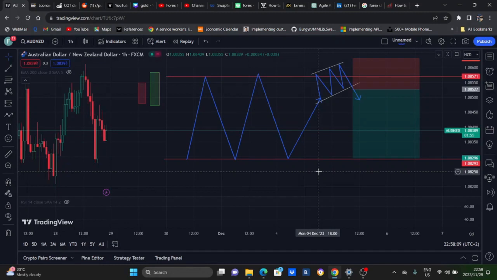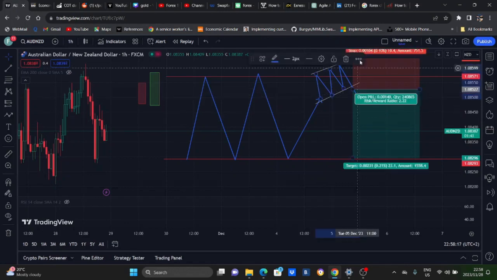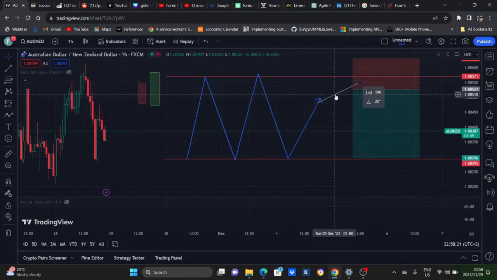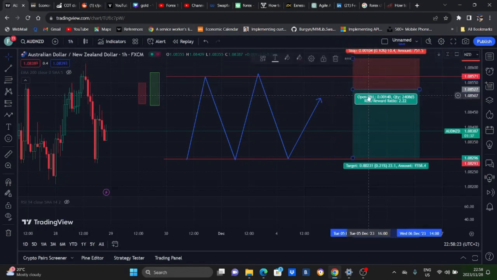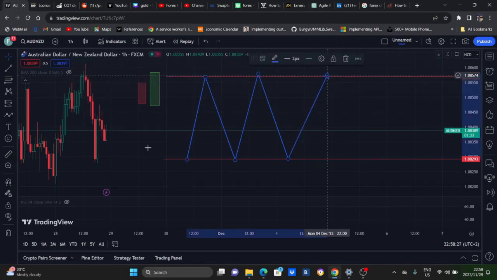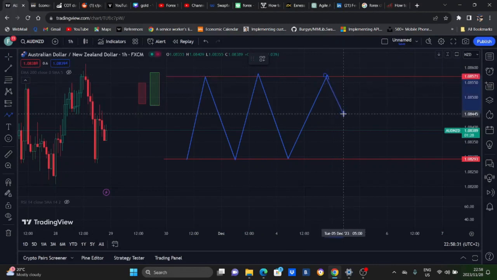Same thing with buying, or same thing with support. Let's delete this one so that I can show you. The price will do the same thing at support, right? So what the price will do, it will come here, right?